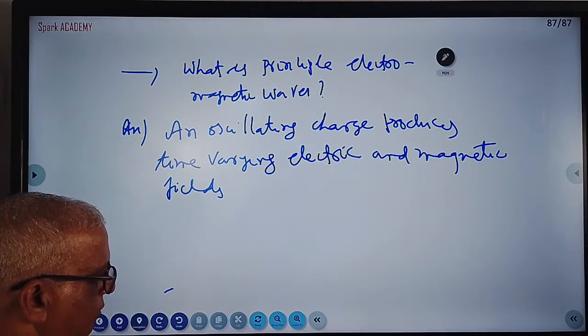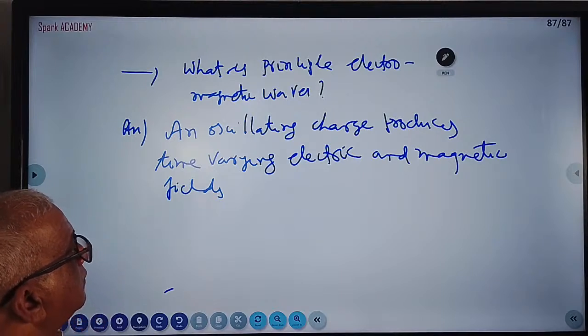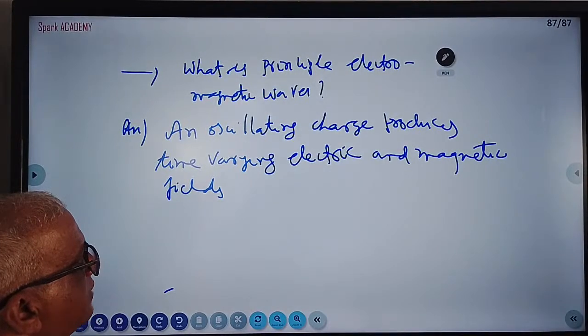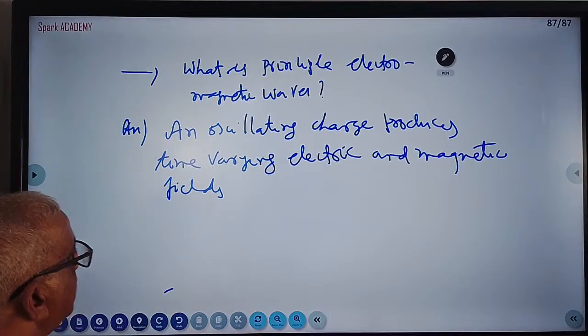This is the principle of electromagnetic waves.